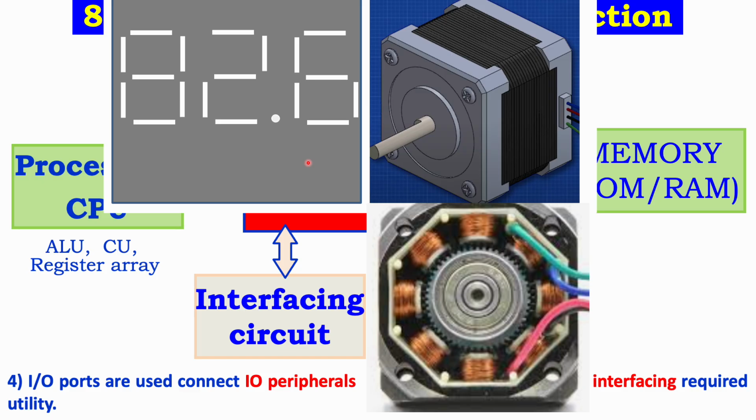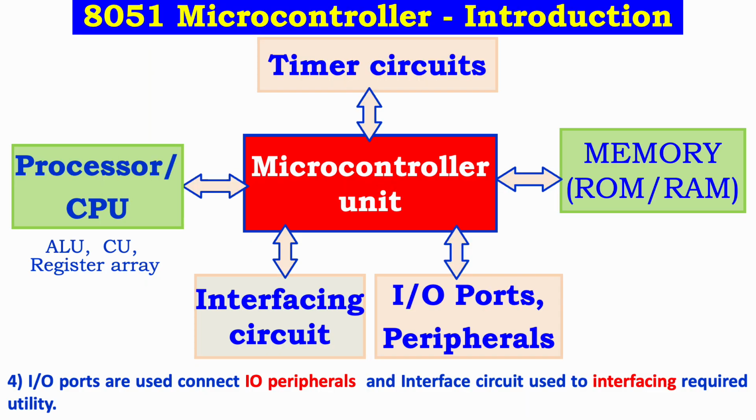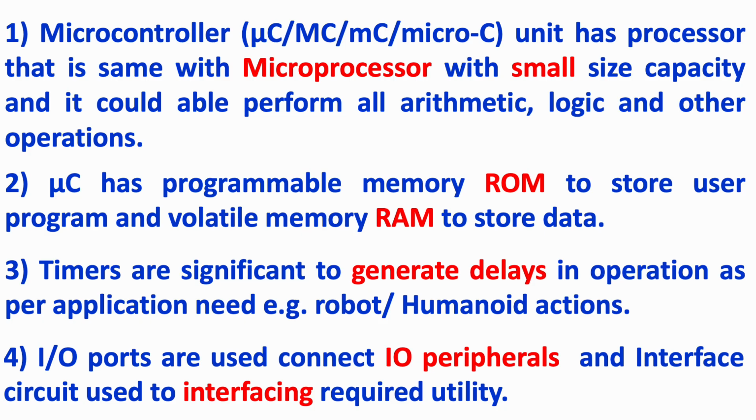Likewise keyboards, speakers and communication devices can be interfaced using the 8051 microcontroller for a particular application. These are all the operations of the 8051 microcontroller, from the first step to all four steps. If you want, you can take a screenshot. So this is the entire completion of the microcontroller introduction.